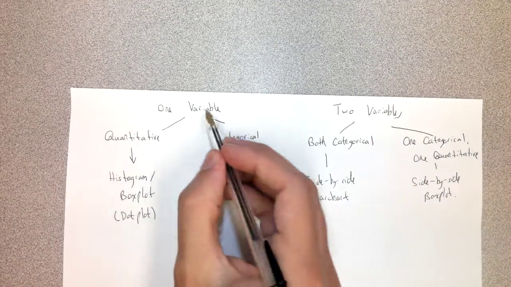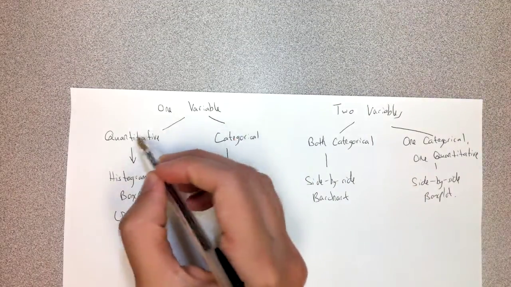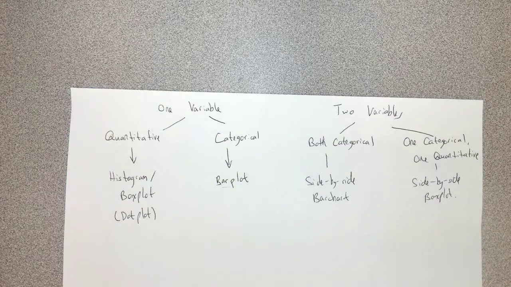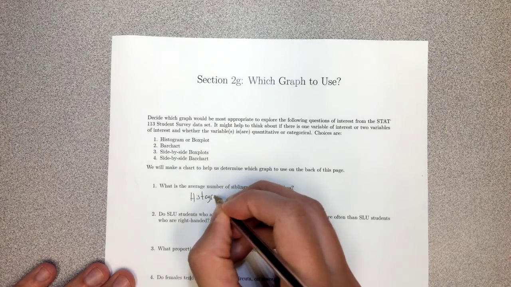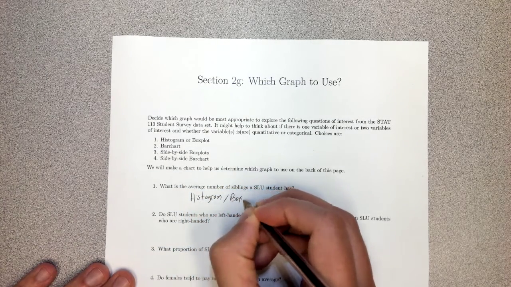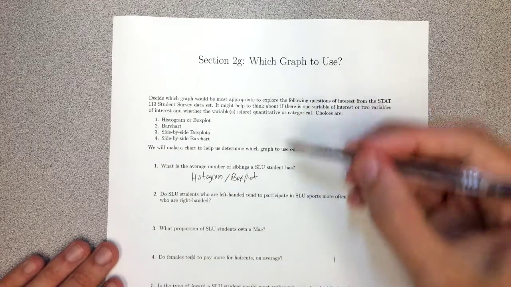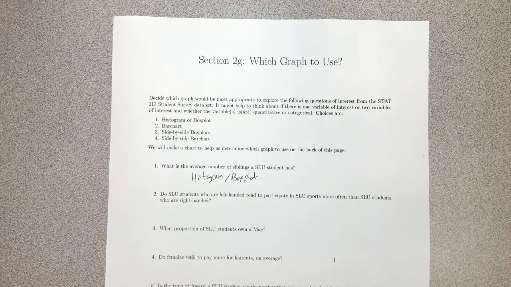So one variable, number of siblings, is quantitative. So I would probably look at a histogram or box plot. And you would then just repeat that reasoning for the rest of the questions.